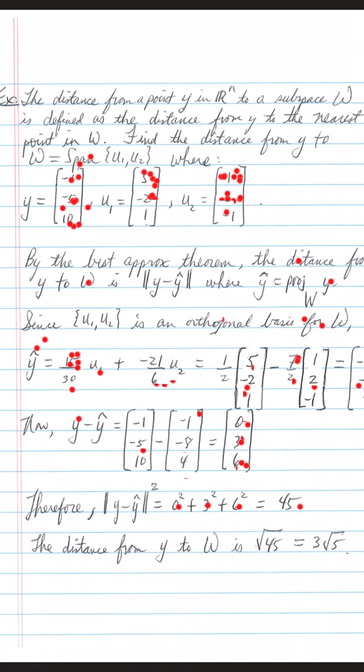And so the distance from vector y to subspace W is the square root, and this is Pythagorean theorem, square root of 45. And since 45 is 9 times 5, square root of 9 is 3, the 5 stays under.